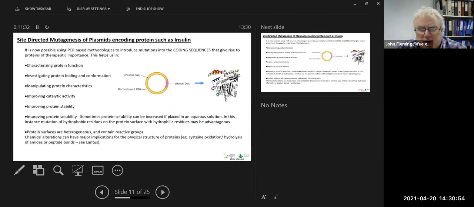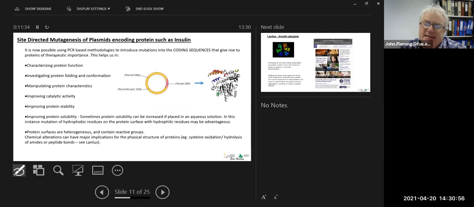The other thing I think that's noteworthy about insulin is that once we have the coding sequence, and this applies not just to insulin, it applies to any nucleic acid sequence encoding any protein that is cloned into a plasmid, we can actually mutate the coding sequence so that when the nucleic acid sequence is transcribed and translated into protein, it creates a different amino acid at a specific location within the recombinant protein. So this can be used for a variety of different purposes.